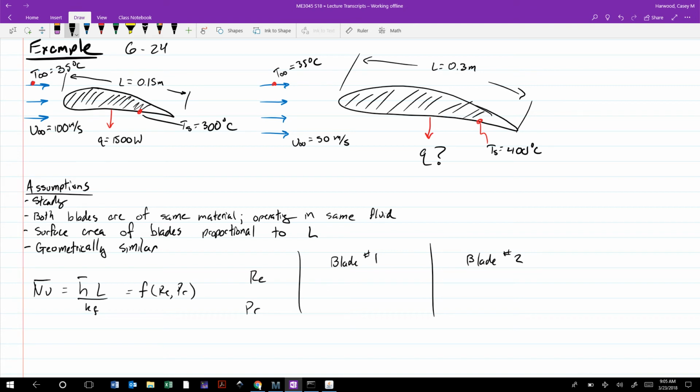Reynolds number for blade 1 is going to be U infinity 1 times L1 rho 1 over mu 1, and the Prandtl number for blade 1 is going to be Cp1 mu 1 over k1.